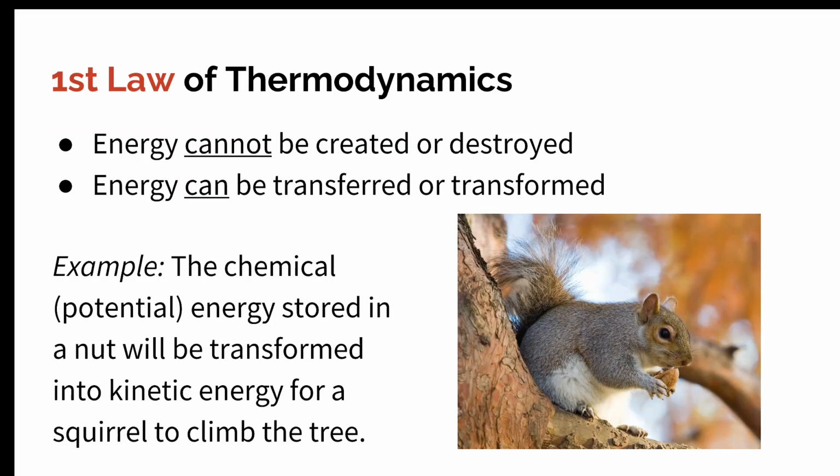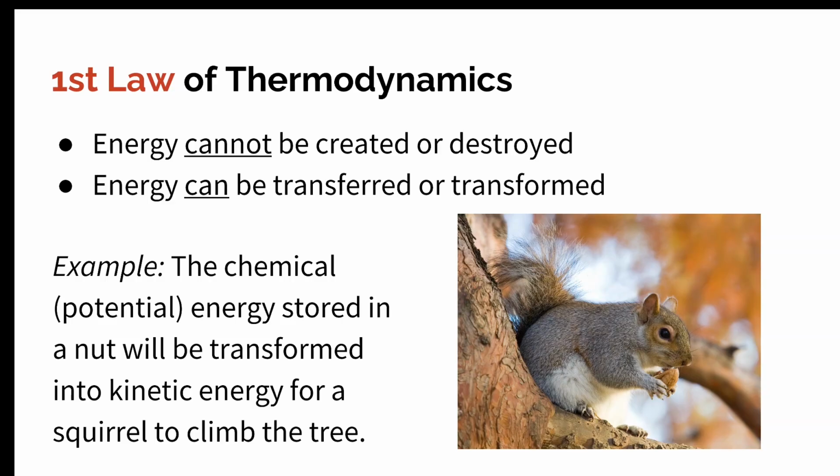The first law of thermodynamics is basically that energy cannot be created or destroyed. You cannot destroy energy. If you're doing a calculation with energy, you can't just discount it and say this energy doesn't matter. It can't go anywhere. It needs to either be transferred or somehow transformed, or it can also stay the same.